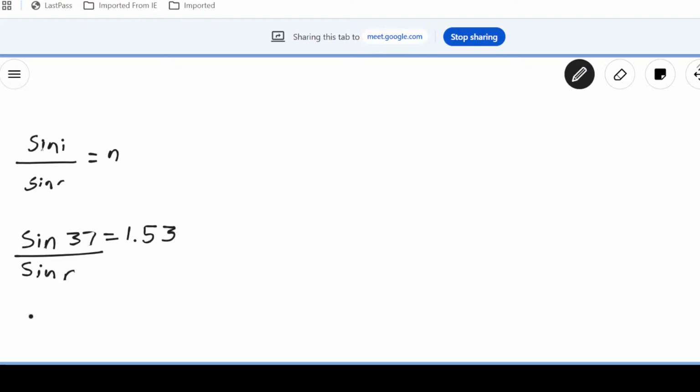It comes from sine i over sine r, but there's a simpler way to do it.